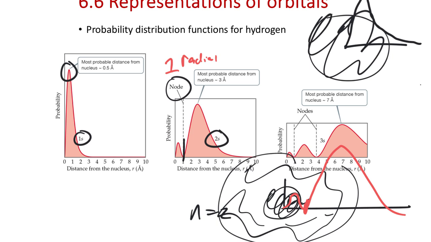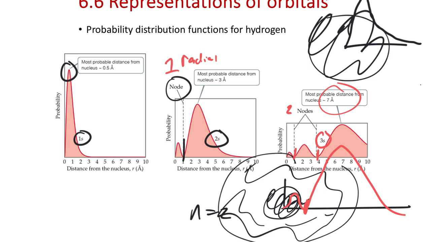If you then move to the 3s orbital, we have two of these nodes, here and here, that are becoming further away from the nucleus as we go up in n value, and the overall probability also shifts further away from the nucleus.